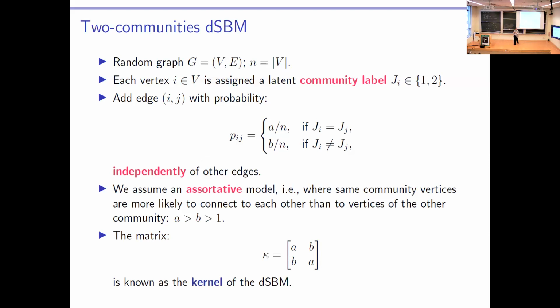In the more general case, it's just a kernel in a potentially very complicated space, a metric space, Polish space, whatever it has to be. But in this case, it's very simple. It only has two communities. And as I said, we're going to make it symmetric. So this is my kappa: probability A of connecting in the same community and B across opposite communities.